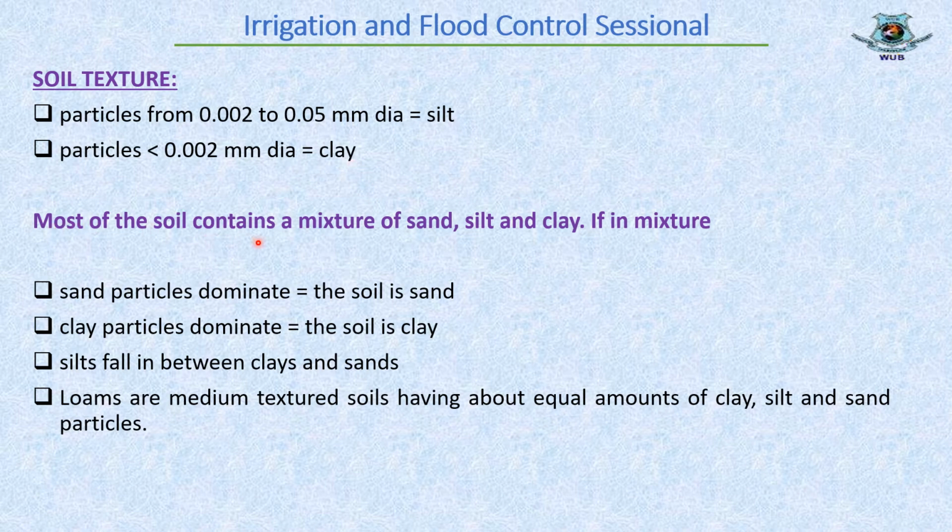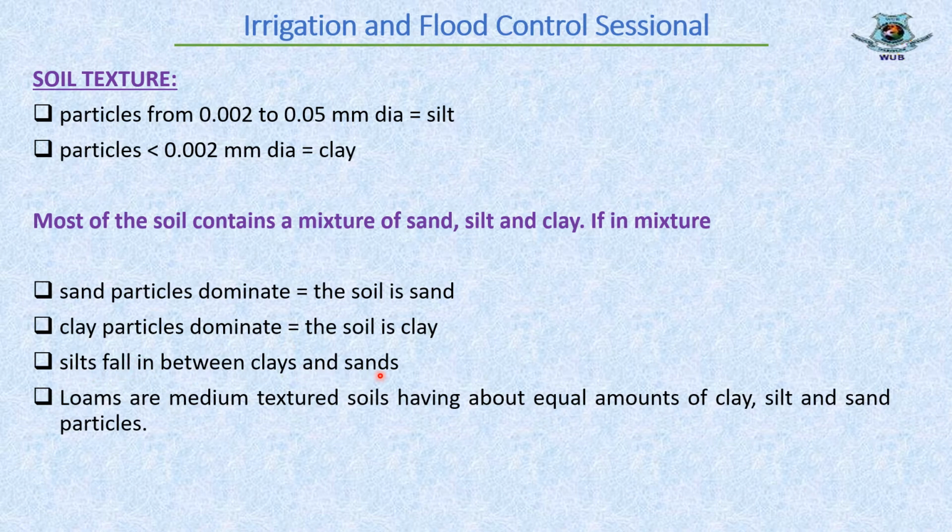Most soil contains a mixture of sand, silt and clay, and if in the mixture the percentage of sand is greater, then the sand particles will dominate and the type of soil will be called sandy soil, or the soil is called sand. Similarly, if in the mixture the percentage of clay particles is greater, the clay particles will dominate and the soil will be called clay soil. Silt falls in between clay and sand.